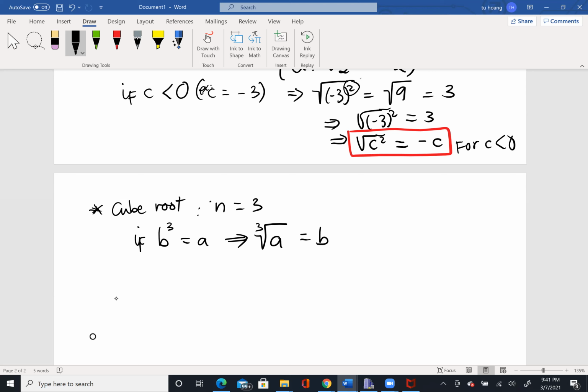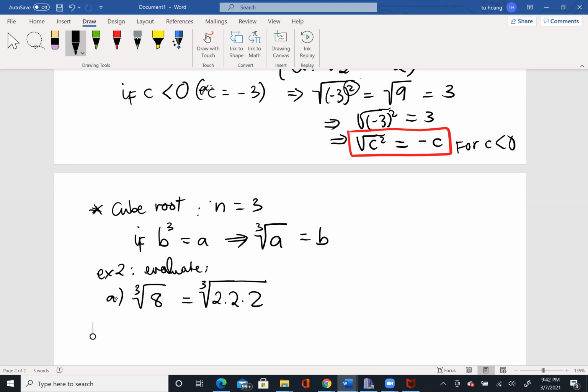And now let's find a cube root. Okay, so example 2. Let's say I want to evaluate the cube root of 8. Number 8 here, I can rewrite it as 2 times 2 times 2, right?